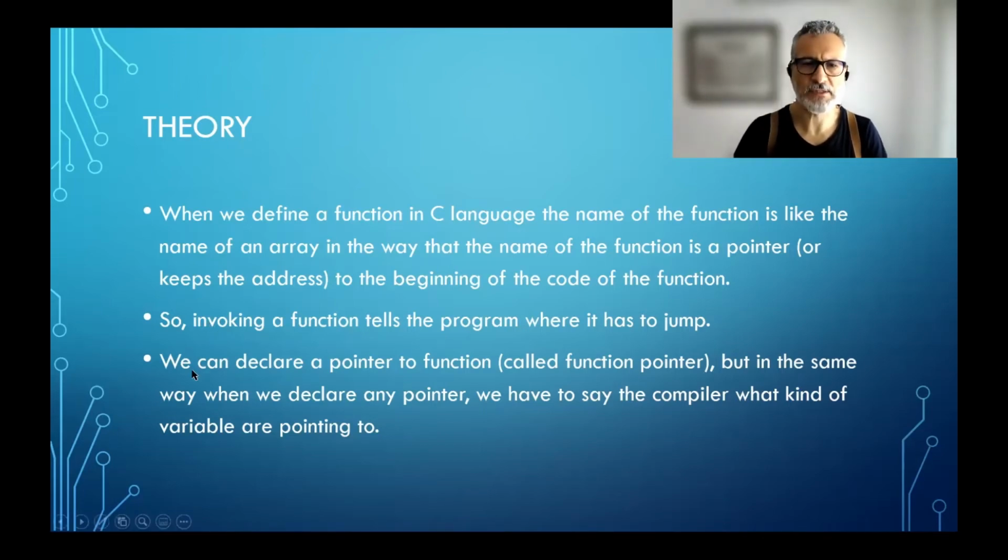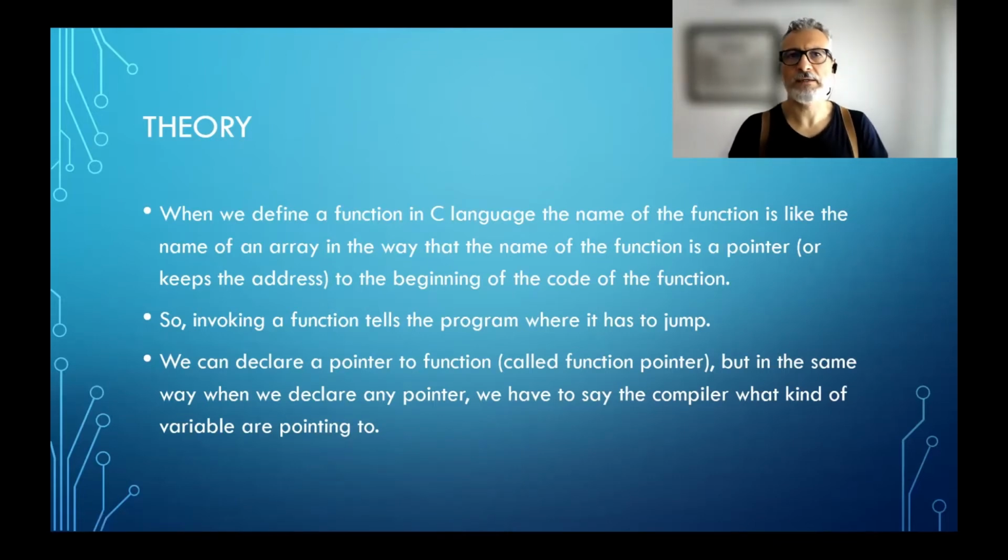It gives an address. We can declare a pointer to a function called function pointer, but in the same way, when we declare any pointer, we have to say to the compiler what kind of variable are pointed to.